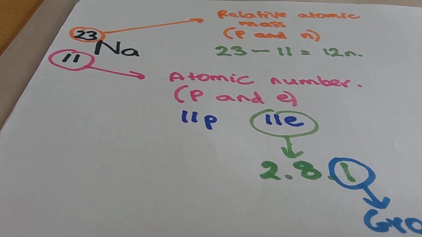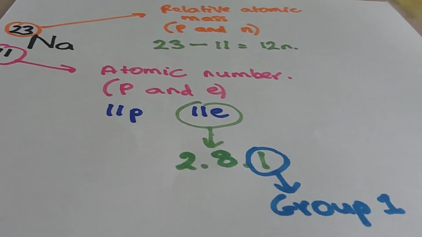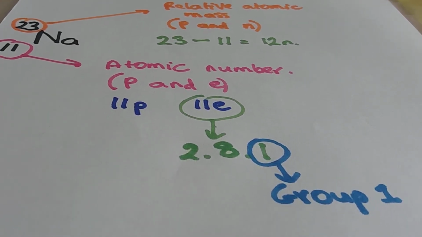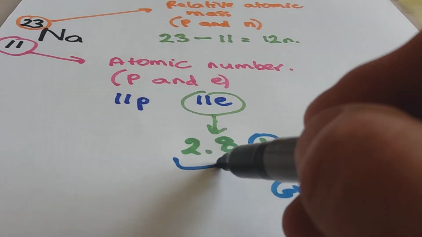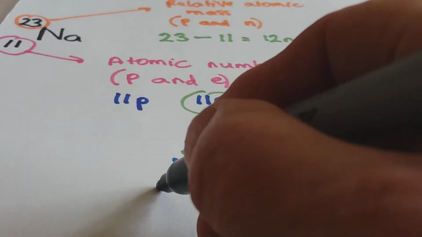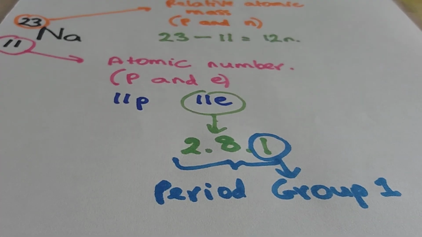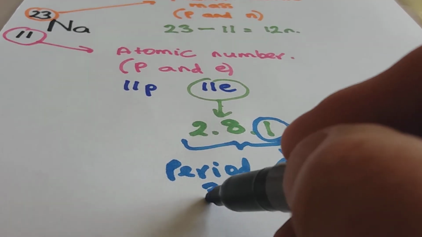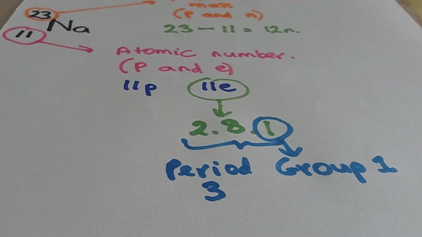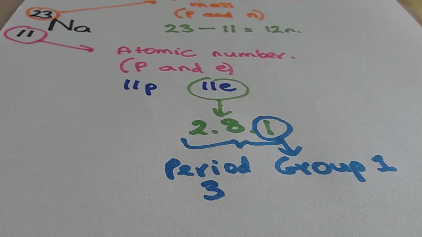So this is in group 1. And if it's in group 1, we know it's an alkali metal. The number of shells tells us what period the element is in. So because there are 3 shells, this is in period 3. Okay, now we can use this with any element to work out the protons, neutrons and electrons.